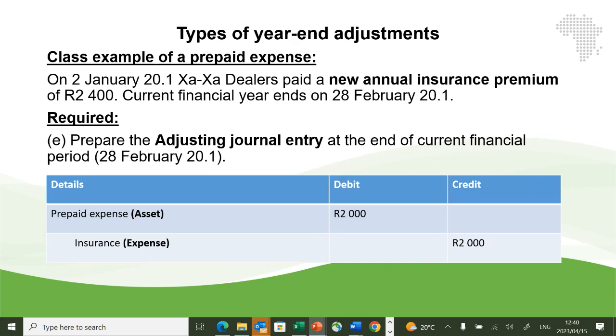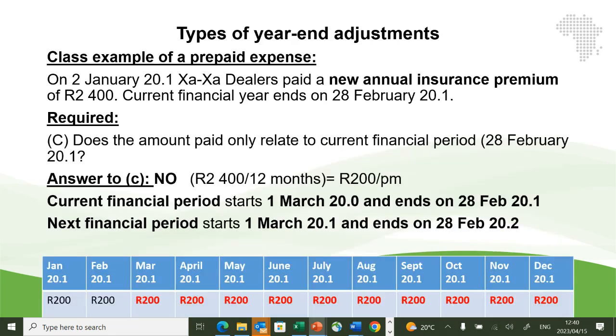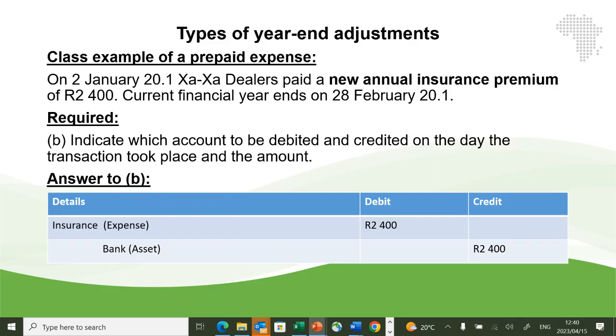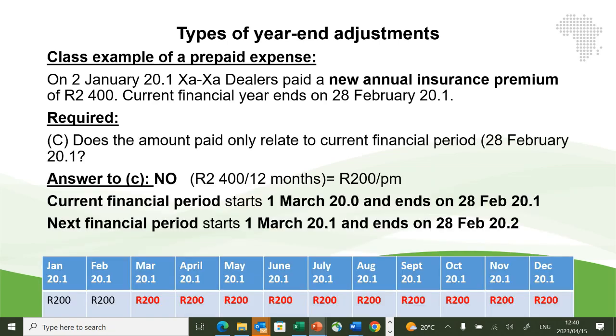The journal entry that we did when we recorded this payment, we said debit the insurance expense of 2,400 and we said credit what? The bank. But now we know that 2,400 does not belong to the current financial period. So it means this insurance expense is overstated by how much? By 2,000 Rand. And to correct that, what do we need to do? We need to credit the insurance expense by how much? By 2,000 Rand.